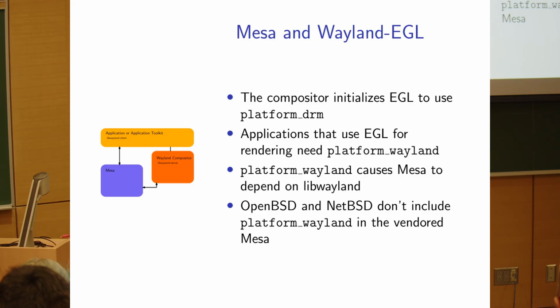Mesa upstream uses a build system called Meson, which, if you haven't tried it, is actually rather nice. I'm using it for my compositor, and I love it, but it's more stuff that you'd have to add into the base operating system to support it, and that gets exponentially more difficult.